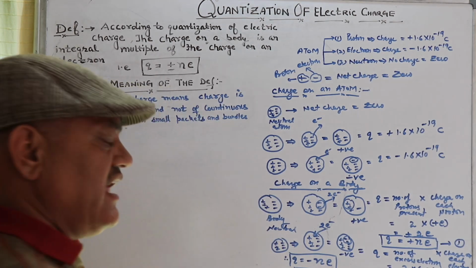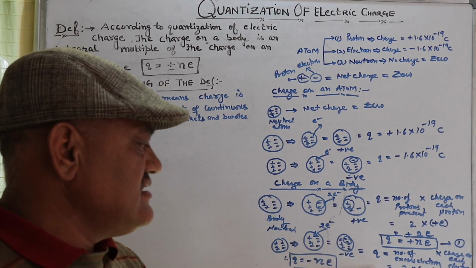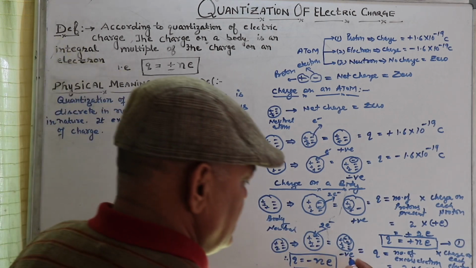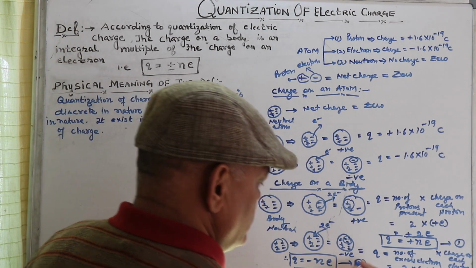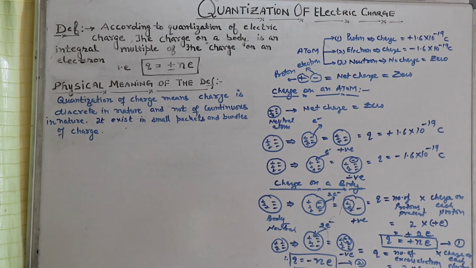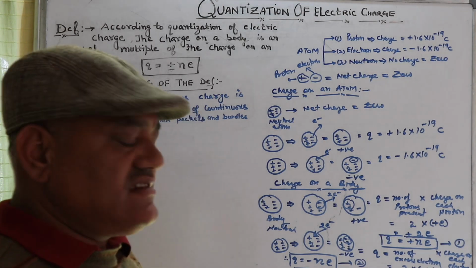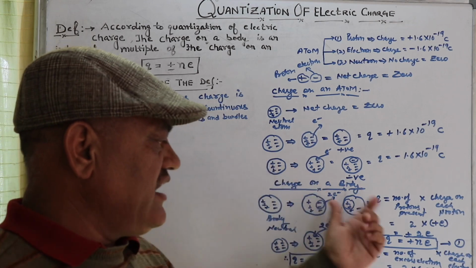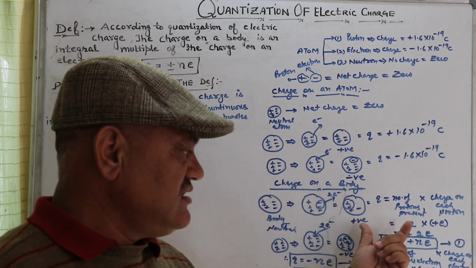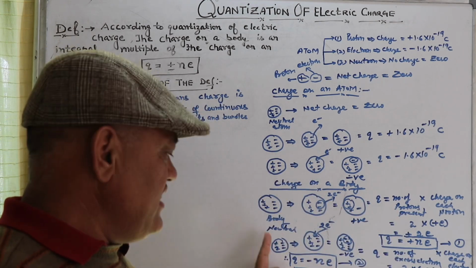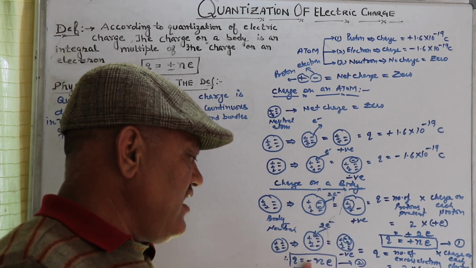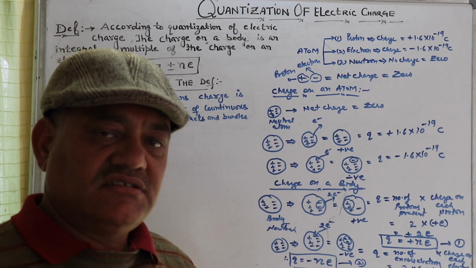Therefore the negative charge on this body is Q equals minus Ne, where N is 2. This is equation number 2. In this case we also find that when a body loses electrons, it acquires positive charge, and when a neutral body gains electrons, it acquires negative charge.